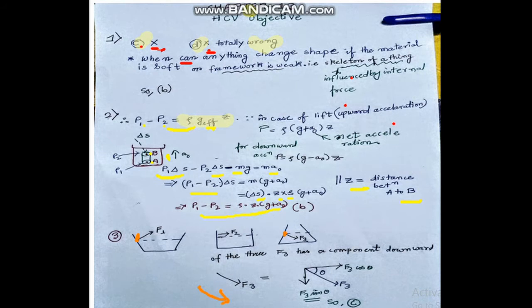If I break F3 into its components, we have F3 cos theta and F3 sin theta. F3 cos theta in this direction and F3 sin theta in the downward direction. So the force exerted in this case will be higher because there is a component acting in the downward direction. Isn't it, guys?